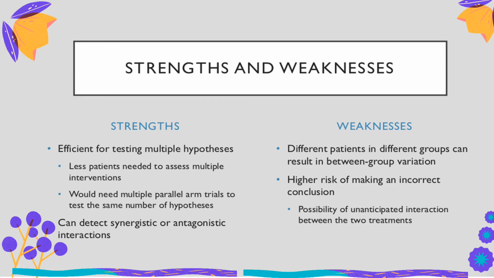It can detect synergistic or antagonistic interactions. But the weaknesses are different patients in different groups can result in between group variation. Also, it has higher risk of making an incorrect conclusion. Therefore, the possibility of unanticipated interaction between two treatments may occur.